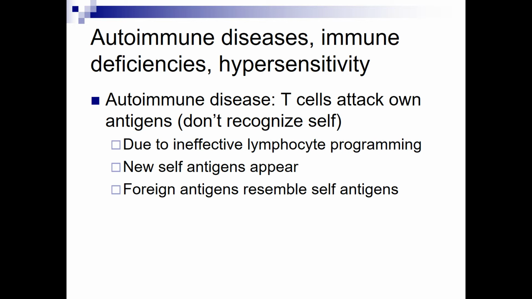So why? Why does it happen? Well, first of all, it may be because we didn't get rid of all the lymphocytes that we should have. When the T cells are in the thymus, we run the risk of eliminating T cells that respond to antigens that are similar to our own.